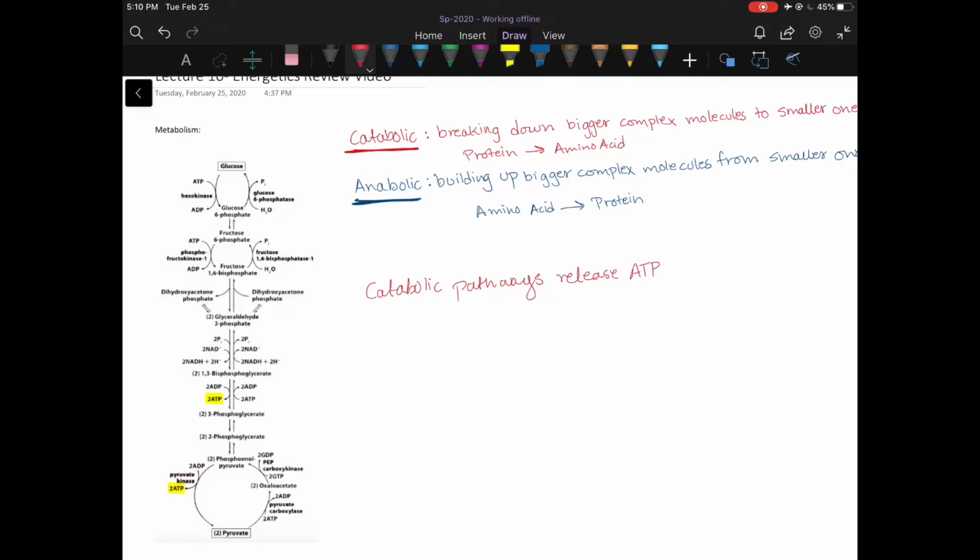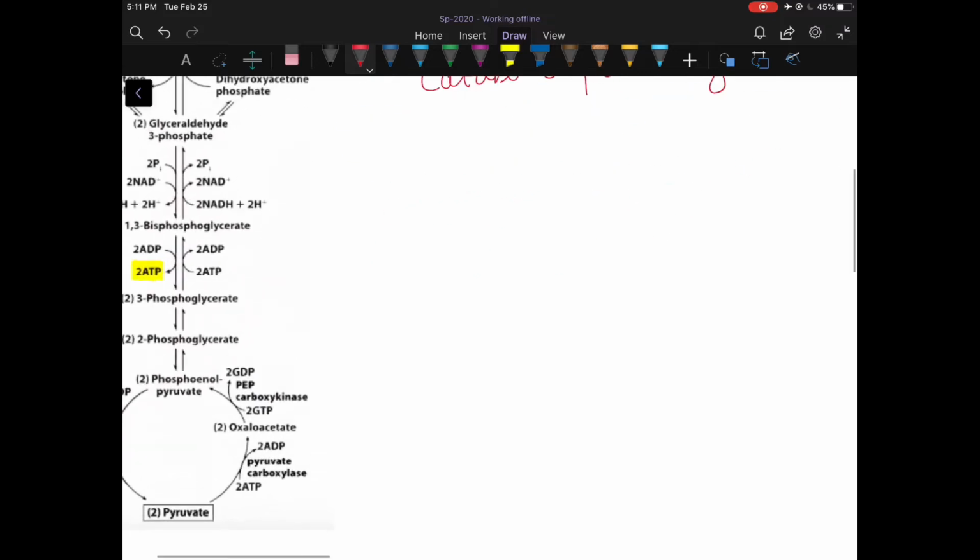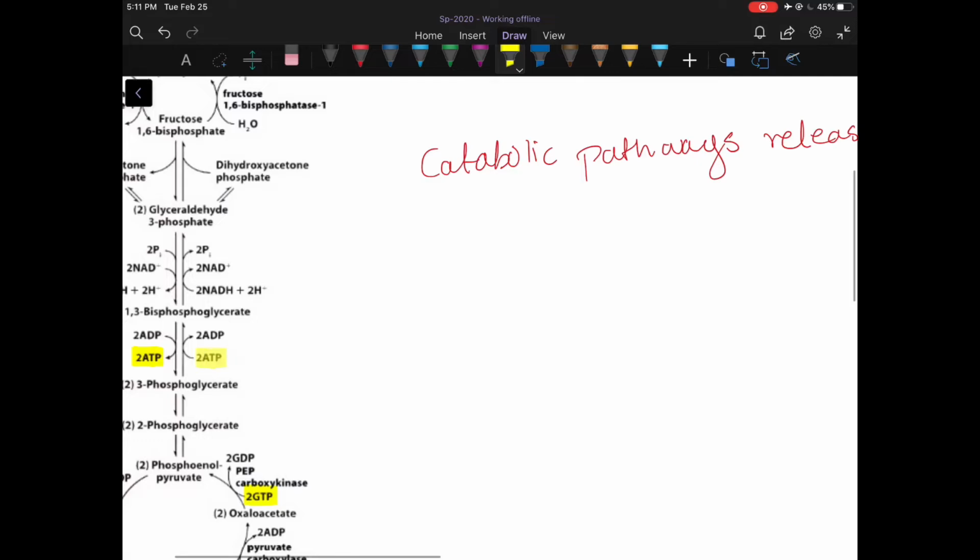And so now when we look at the anabolic pathway going from pyruvate back to glucose, we notice that it actually requires ATP. So 2 ATP here, 2 GTP, which is just an ATP equivalent, and another 2 ATP here.